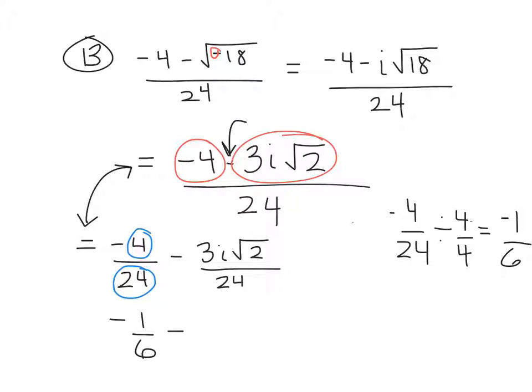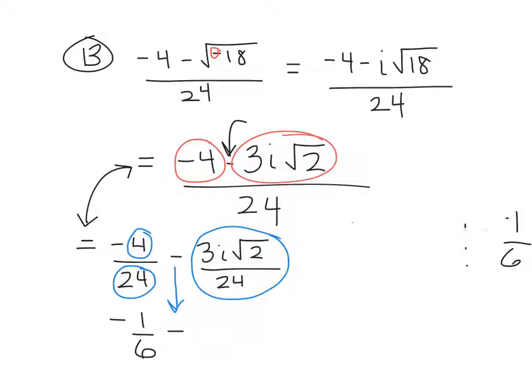Now I'm going to look at my second term. And I just dropped the subtraction sign down into my answer. So now I'll look at the second term. And we only want to look at the whole numbers when simplifying. So I'm just going to look at this 3 and the 24, and see if I can simplify those two values.